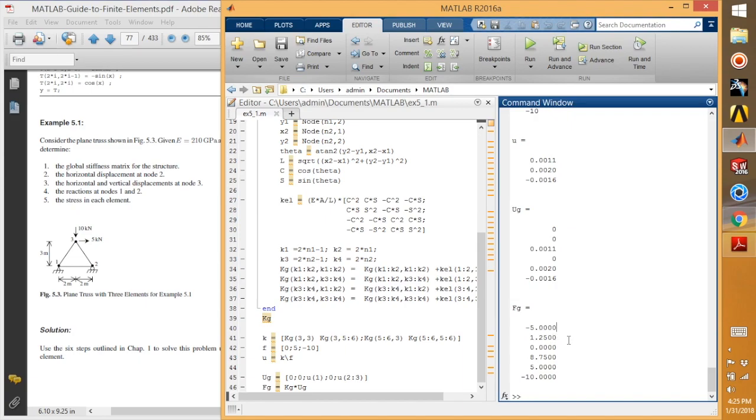So minus indicates the direction as downwards, and plus indicates the direction as upward, and similarly all other forces. Now let's find the stress, the last part.